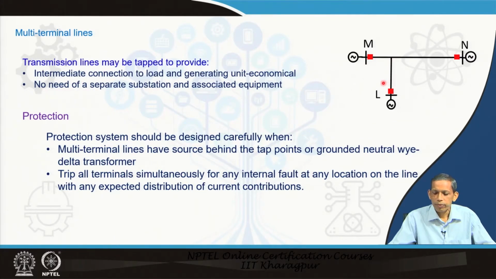So, whenever a load center or a generating point comes up, instead of connecting this center directly with a different line to the N bus, which requires right of way, this L bus can be connected to a nearby line, which can dispatch power to the N side or any other side.